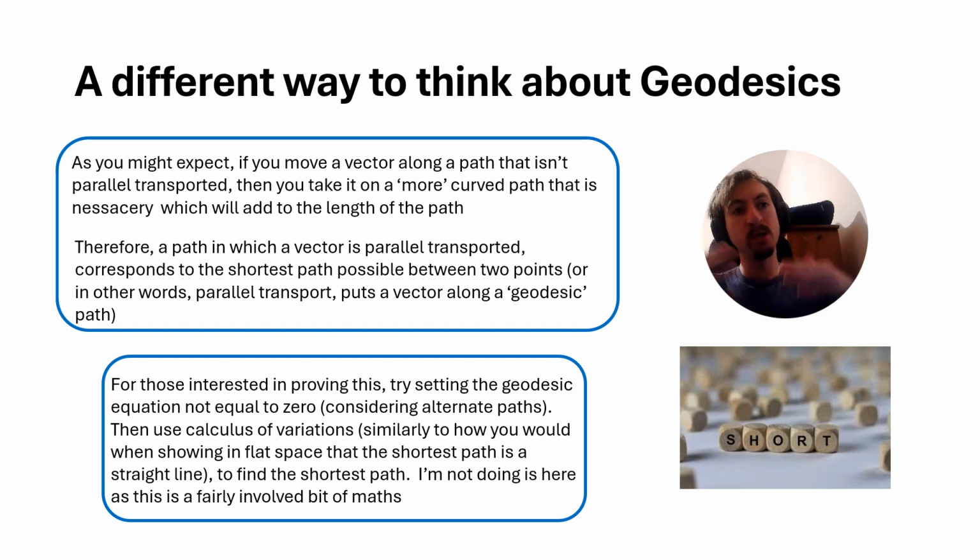So you use essentially the calculus of variations to deduce what this thing that is not 0 has to be for our path to have the shortest possible length, and it turns out that thing that you've allowed not to be 0 would actually have to be 0 for our path to have the shortest possible length. It's very similar to how you prove that the shortest path across a flat space is going to be a straight line. It uses very similar mathematics.